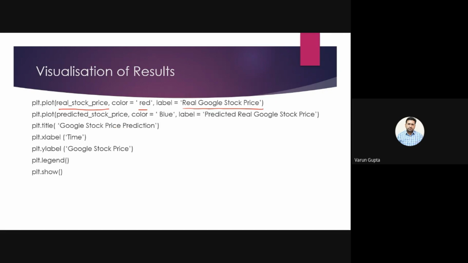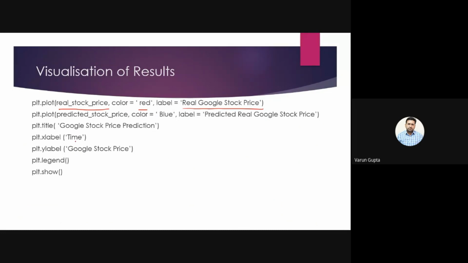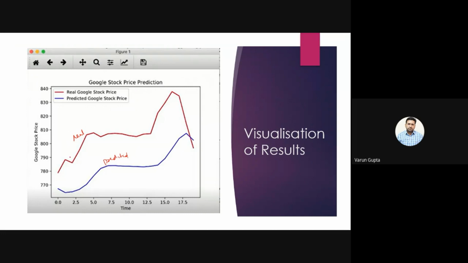Now we have also predicted based on the 60 previous values here. This contains the 20 values that have been predicted from the chunks of data, 20 chunks of size 60, by doing this whole thing. So this is the predicted stock price, and it is in blue color, with the label predicted Google stock price. This is red, that is the real prices, and this is predicted.